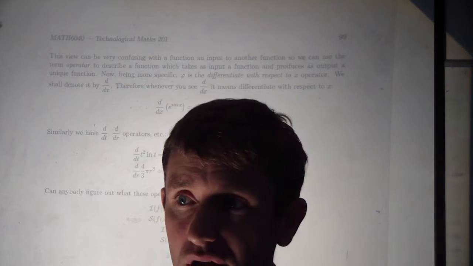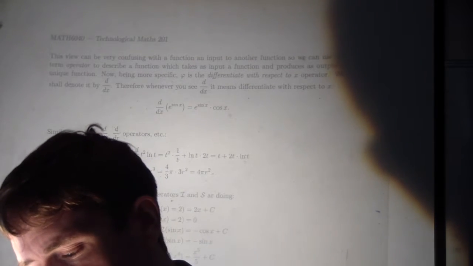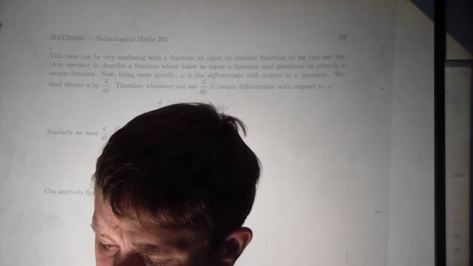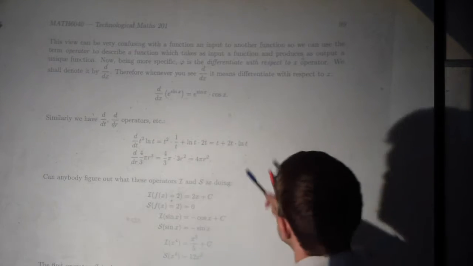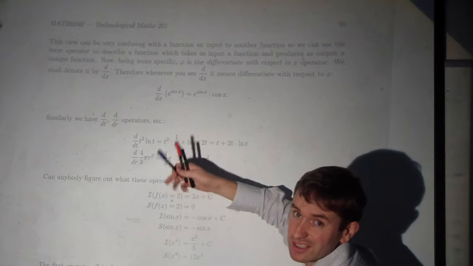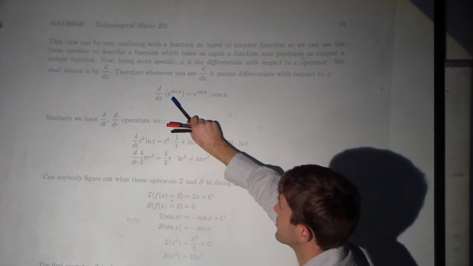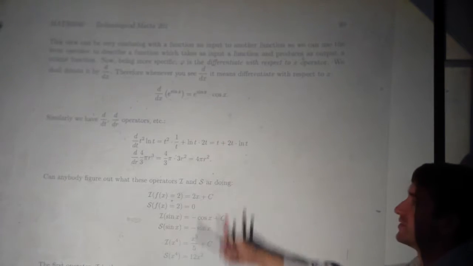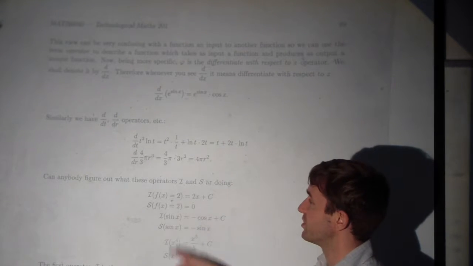You might want to differentiate with respect to x, but first differentiate with respect to t or y. So you need to be a bit more precise. Whenever you see this d/dx, it's what we're going to call an operator. You give it a function, it operates on the function and produces another. And we've got d/dt and d/dr, for example.